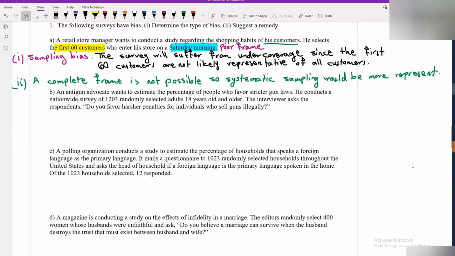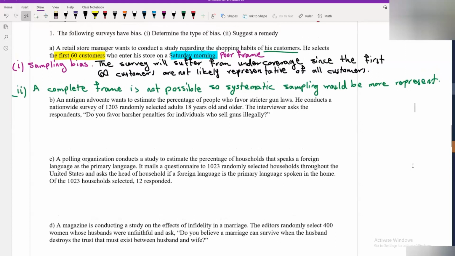Now part B. Here we want to estimate the percentage of people who favor stricter gun laws. He conducts a nationwide survey of 1,203, so that is our sample, randomly selected adults 18 years old and older. The interviewer asked the respondents, do you favor harsher penalties for individuals who sell guns illegally?